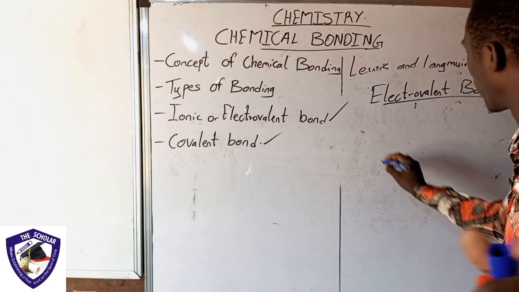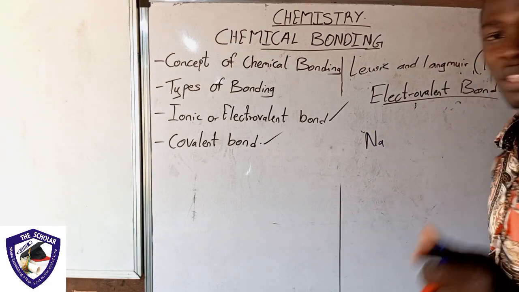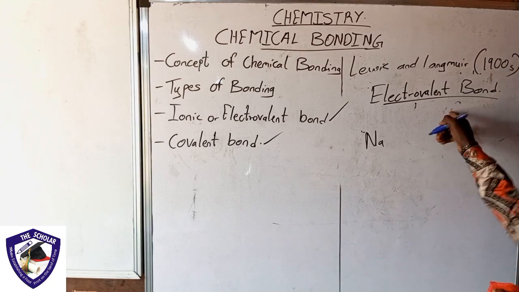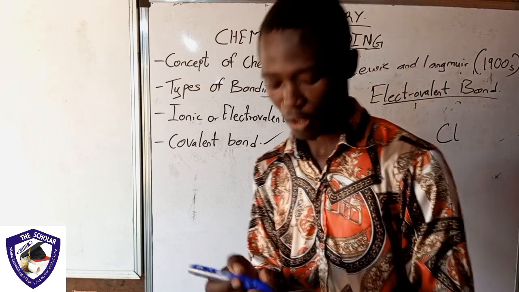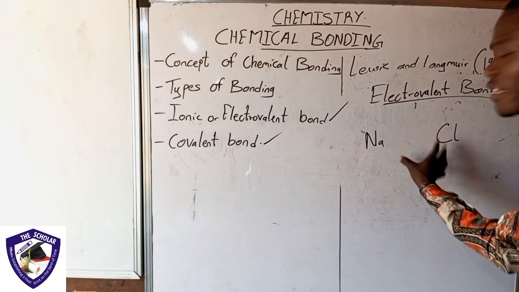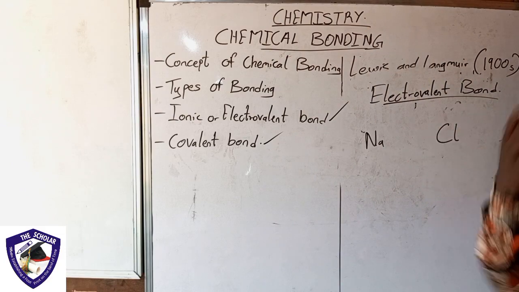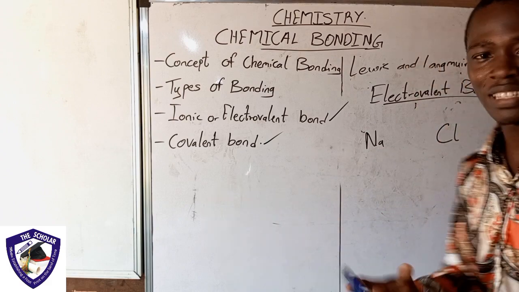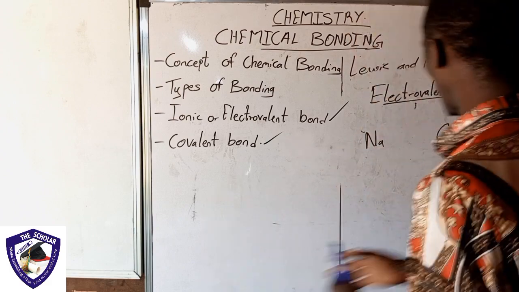For example, we have sodium as an example of metals, and we have chlorine, another example of what? A non-metal. So there's a great difference in their electronegativity, which makes them able to combine together to form a bond.